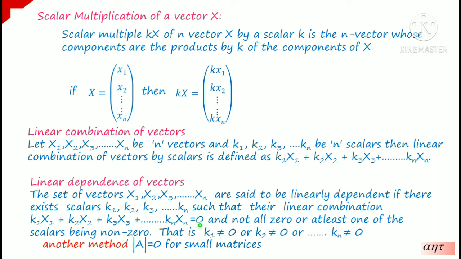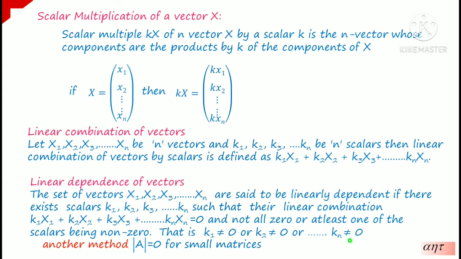And one thing you should remember, not all 0. At least one of the scalars must be non-zero. That is, either k1 is not equal to 0 or k2 is not equal to 0 or kn is not equal to 0. At least one element should be not equal to 0, and that you should remember.